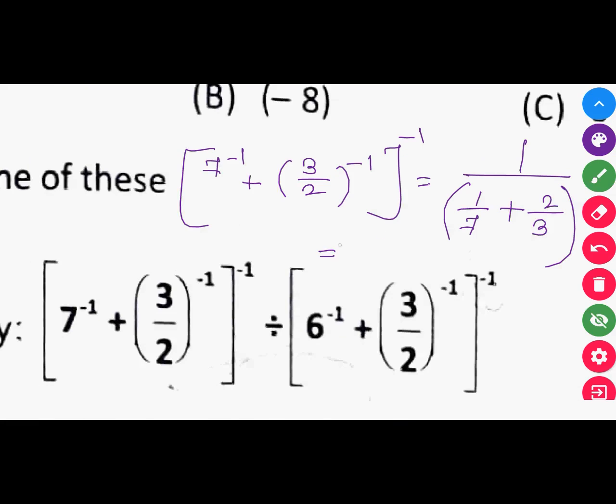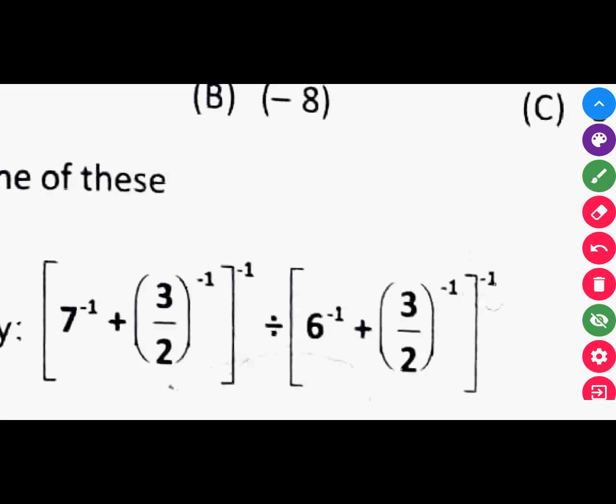So this becomes 1 upon... When we add 1 by 7 and 2 by 3, these two rational numbers, we have to find the common denominator of these two denominators. So it is 21. So to make 7 into 21, we multiplied here with 3 and here we multiplied with 7.